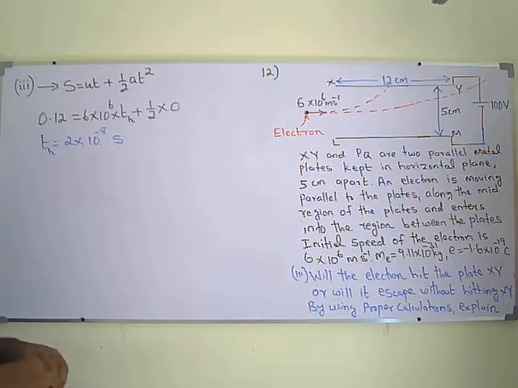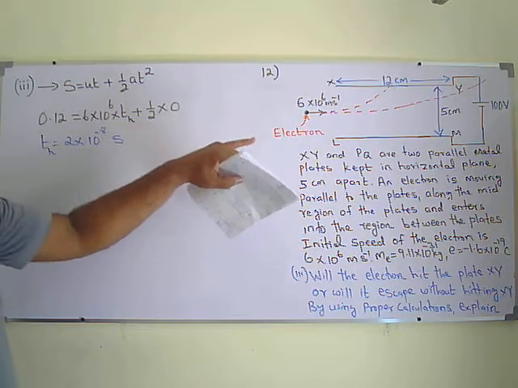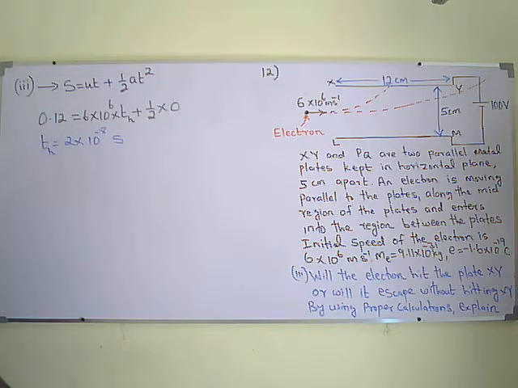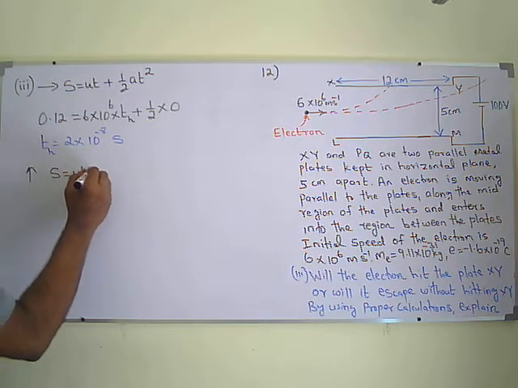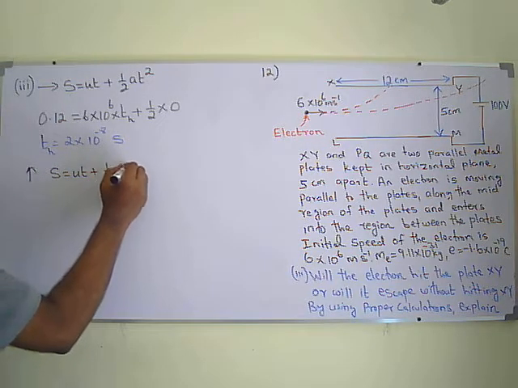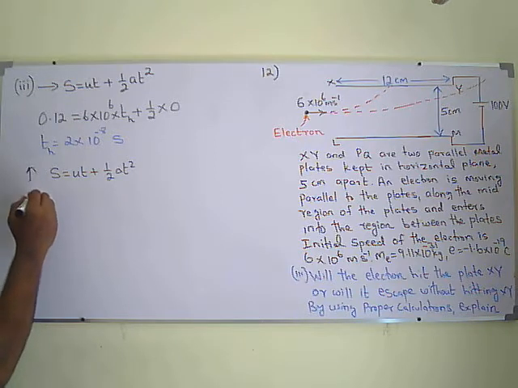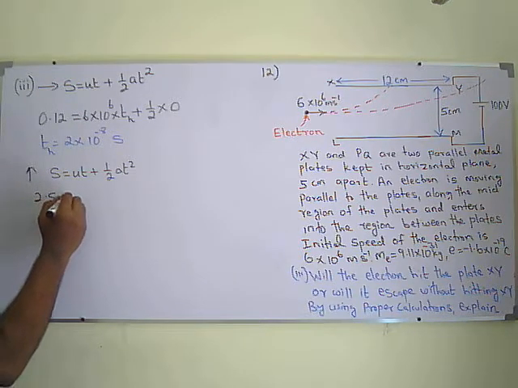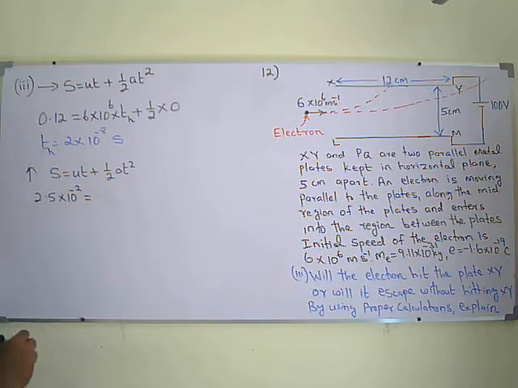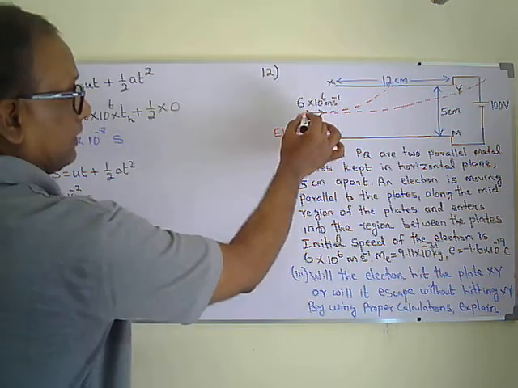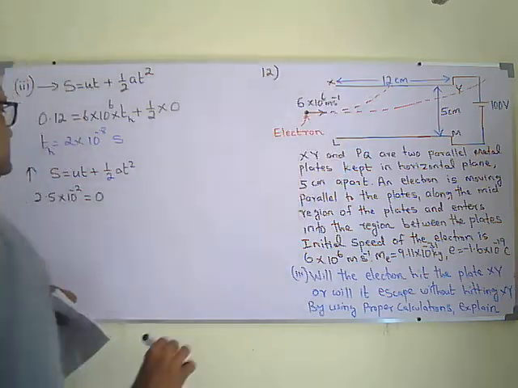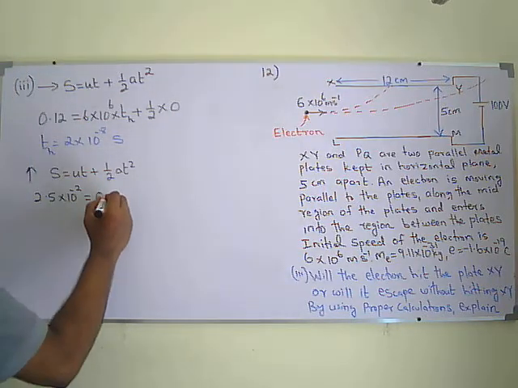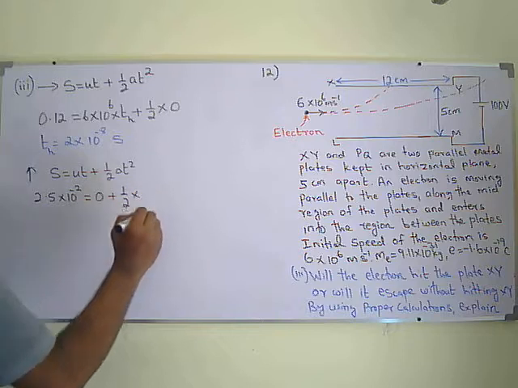Same way, if it wants to hit the plates, it should complete vertically towards the plate 2.5 centimeters. So I'll use vertically S equal ut plus half at squared. So that is 2.5 into 10 to the power minus 2 equal to, initial speed in vertical direction is 0 because the velocity is parallel to the plates. It has no vertical component, plus half into the acceleration.